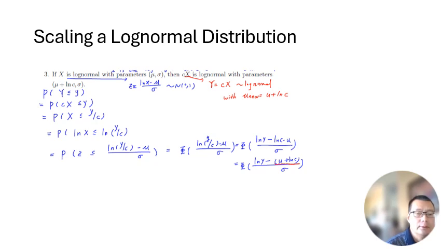So here, after transformation, we can get this, but then we can utilize the definition of the log normal distribution to further derive it until you finally get to here, where it proves that mu becomes mu plus natural log c.